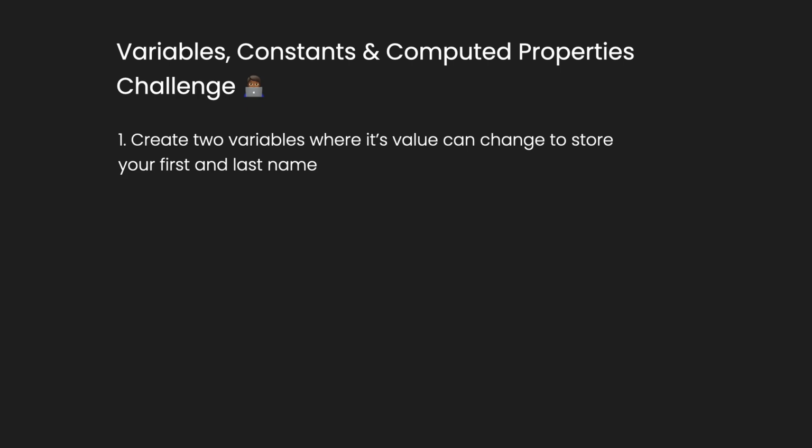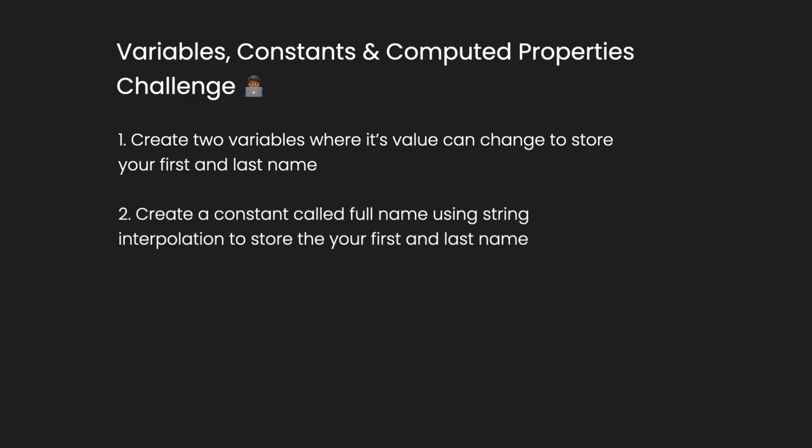Technically I just gave you the answer, but we'll see if you figure it out. Point 2 is to create a constant which stores the first name and the last name as a full name. Just to give you a clue, you've probably got to use string interpolation.